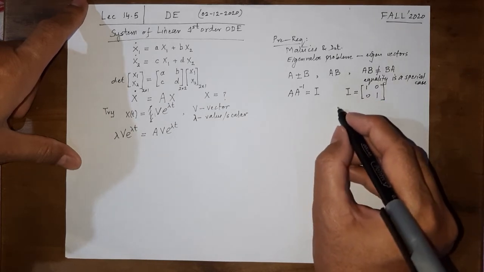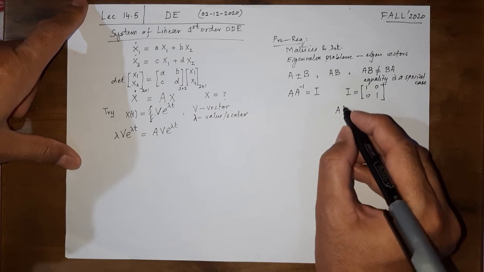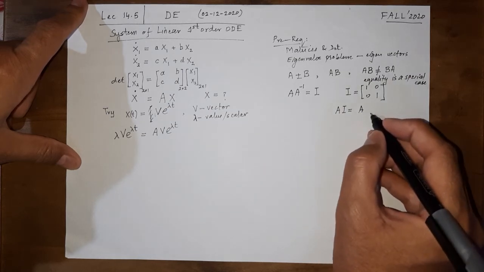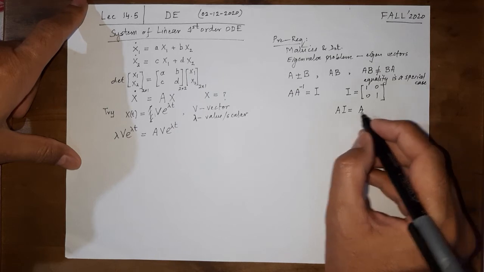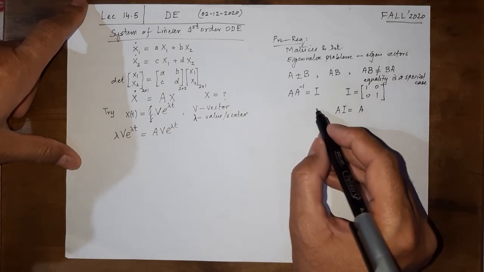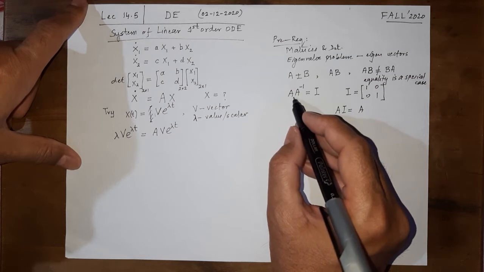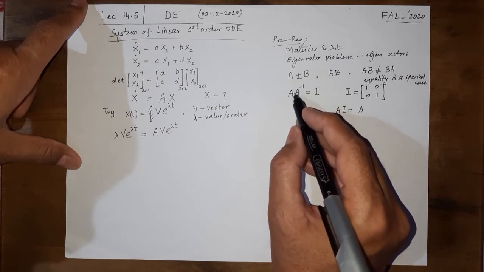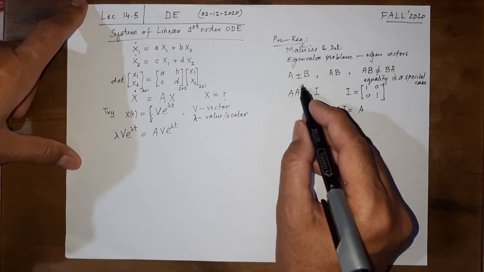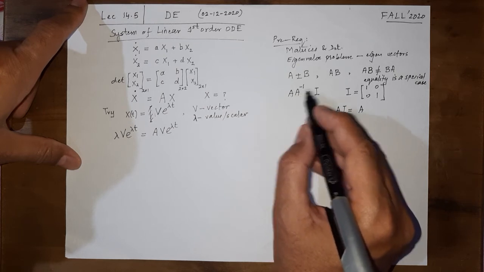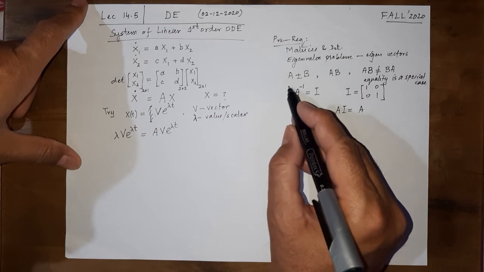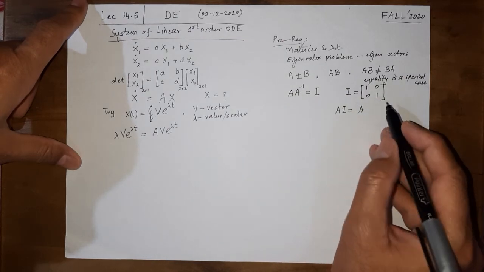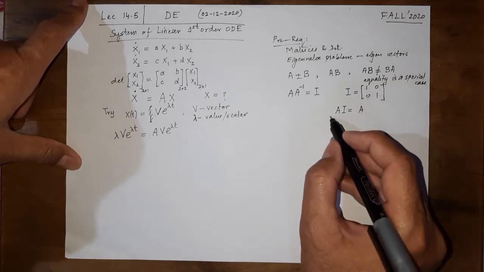So if you multiply any matrix by an identity matrix, you get the same matrix. And it does not matter whether A and A inverse are multiplied in this way or A inverse is here, because in both cases it will result in the identity matrix, which is in fact that special case.